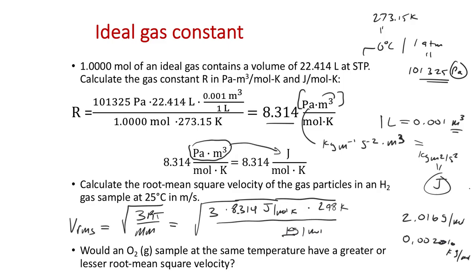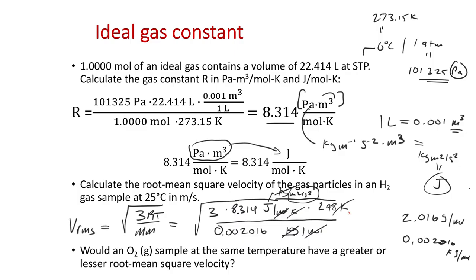And so then we need to plug in this molar mass in kilograms per mole. Because, think of the joule, it's kilogram meter squared per second squared. So the kilogram cancels, the mole cancels, the Kelvin cancels. The only thing left is meter squared per second squared. And then we're going to take the square root to go down to meters per second.